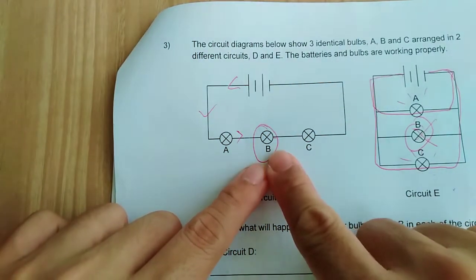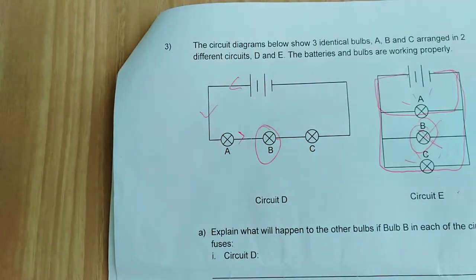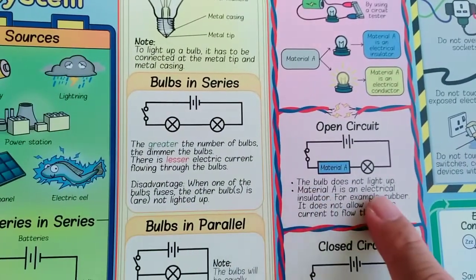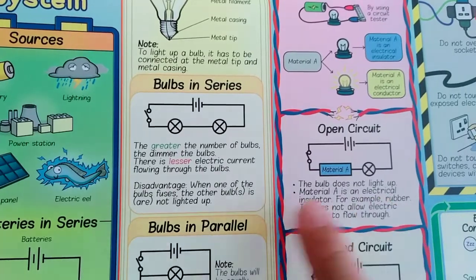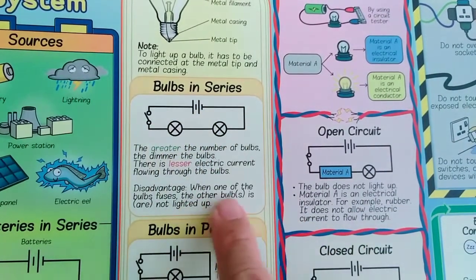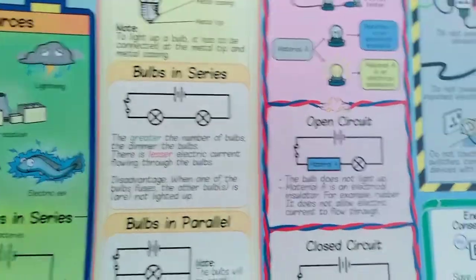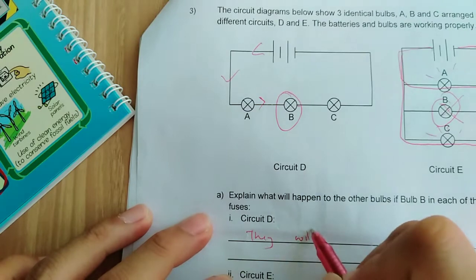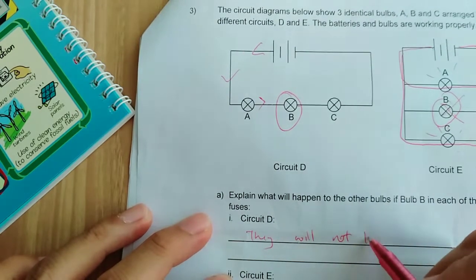And when that happens, this is what we call an open circuit. So no current can flow through. If it's an open circuit, what happens? The bulb does not light up. Okay, remember when one of the bulbs fuses when they're arranged in series, the other bulbs are not lighted up. So here, they will not light up.